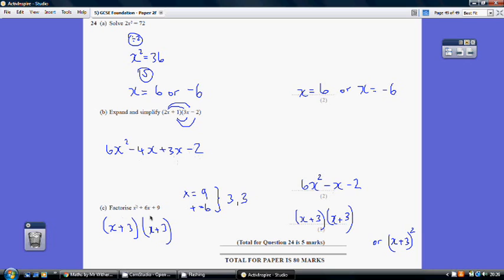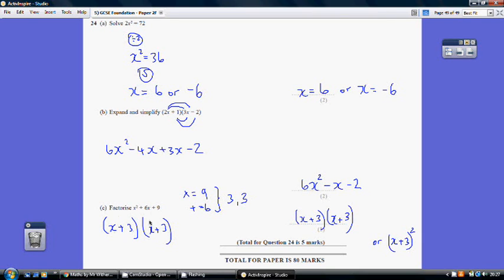Now, to factorise this, you need to follow the process of appreciating when it's an x squared and some x's and a number, that our brackets are going to comprise a pair of brackets with x being the first term, because x times x will give us the x squared. Now, how do we work out these two numbers here?